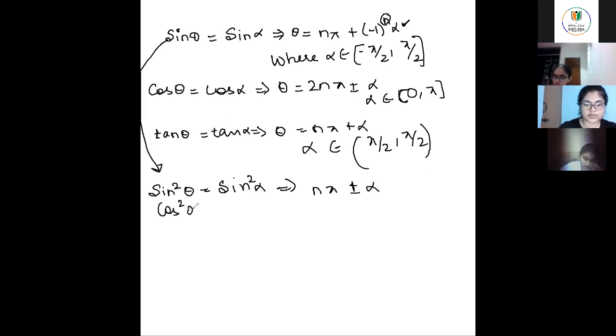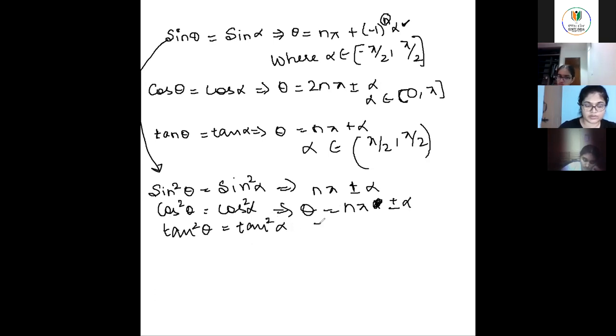Similarly, cos square theta is equal to cos square alpha, so theta is equal to n pi plus minus alpha, and tan square theta is equal to tan square alpha. Then theta is equal to n pi plus minus alpha.